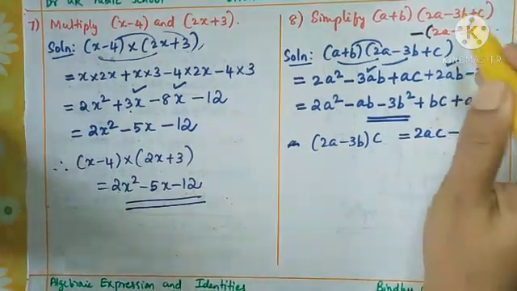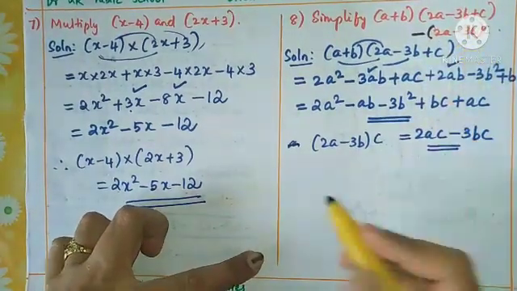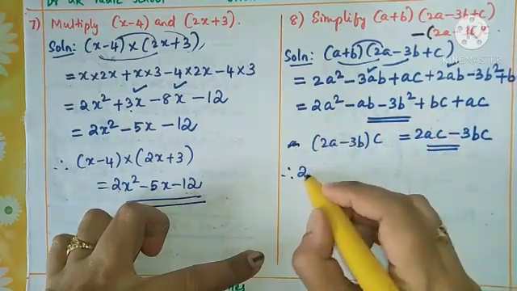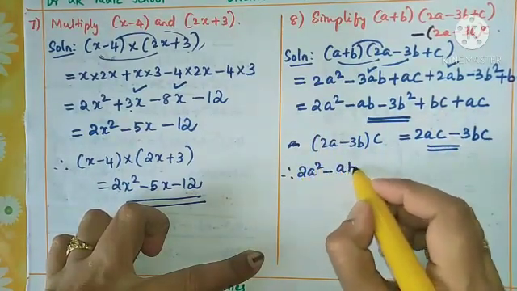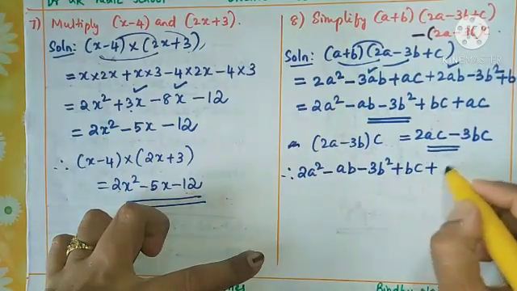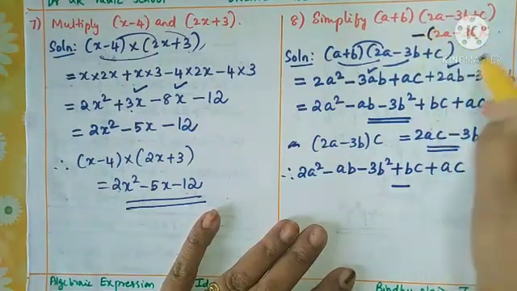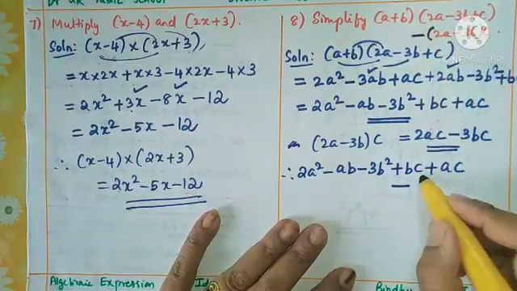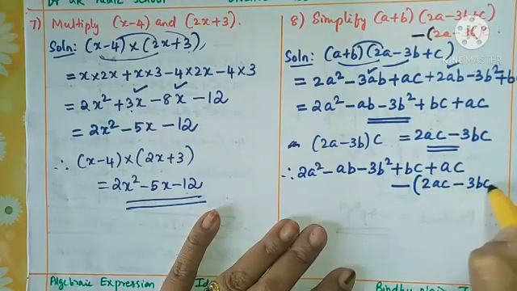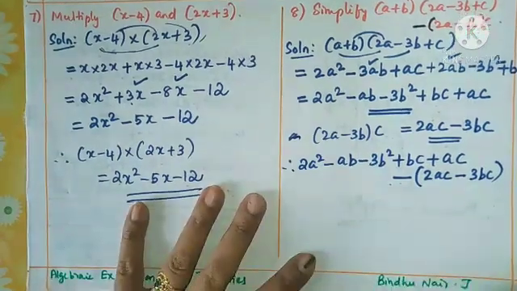Now this first answer minus of the second answer. So therefore write this first answer, 2a square minus ab minus 3b square plus bc plus ac minus of, this minus of, what is the answer for this? Put a bracket, 2ac minus 3bc. Whenever you use minus sign, start a bracket. Yes.